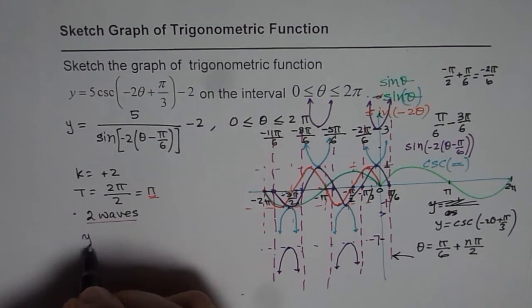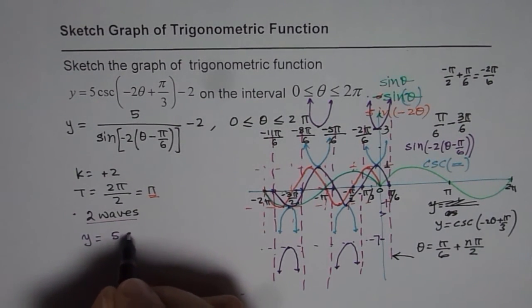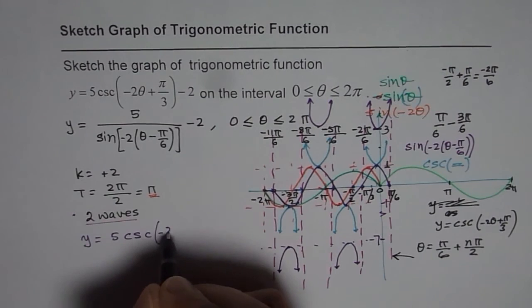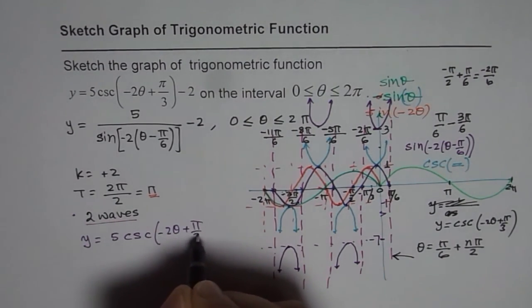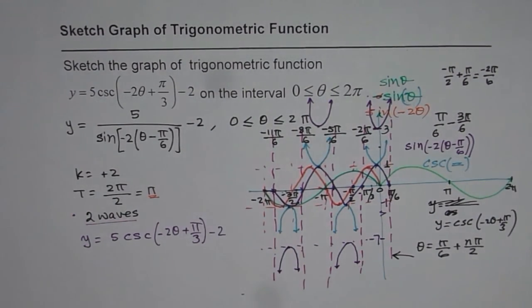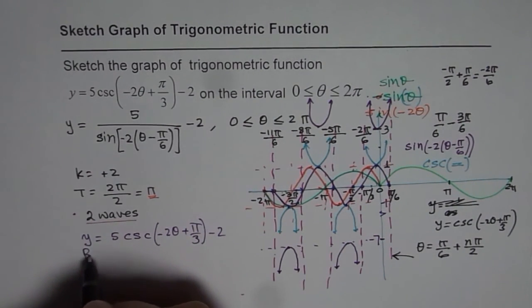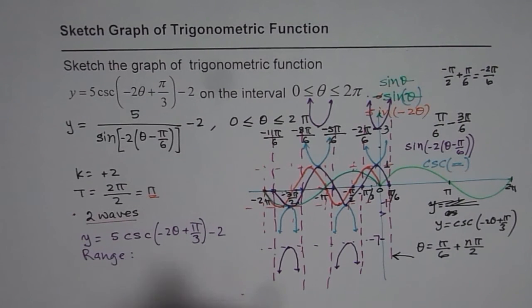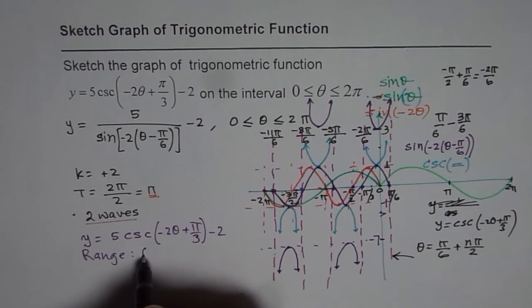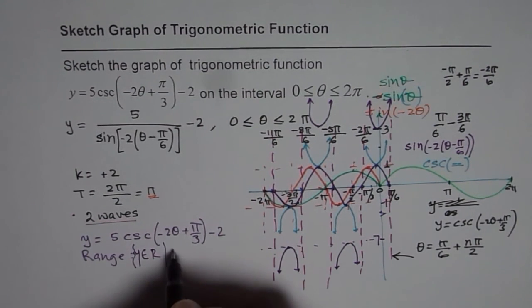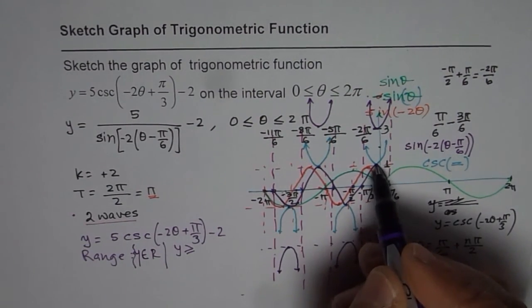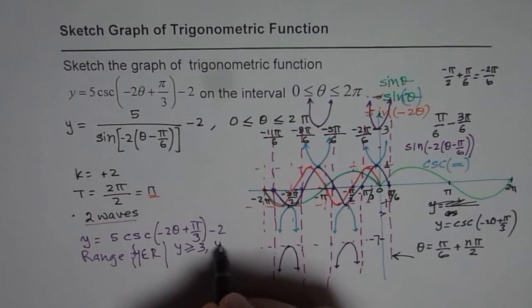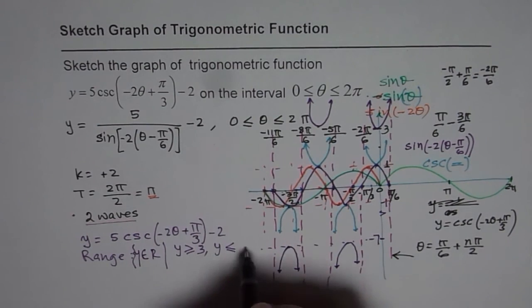So the final wave is y equals 5 cosecant of minus 2 theta plus pi by 3, minus 2, as shown. Do you understand? So as you can see, the range of this is what? Range for this is that y belongs to real numbers. So let me write y belongs to real numbers where y is greater than or equal to 3 or y is less than or equal to -7.